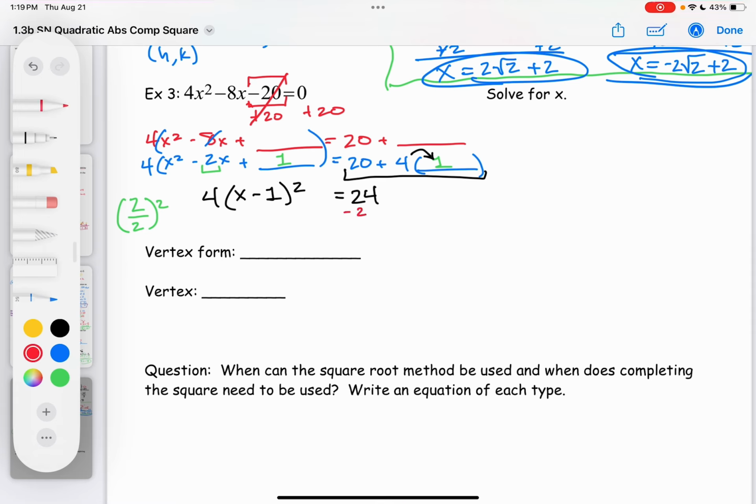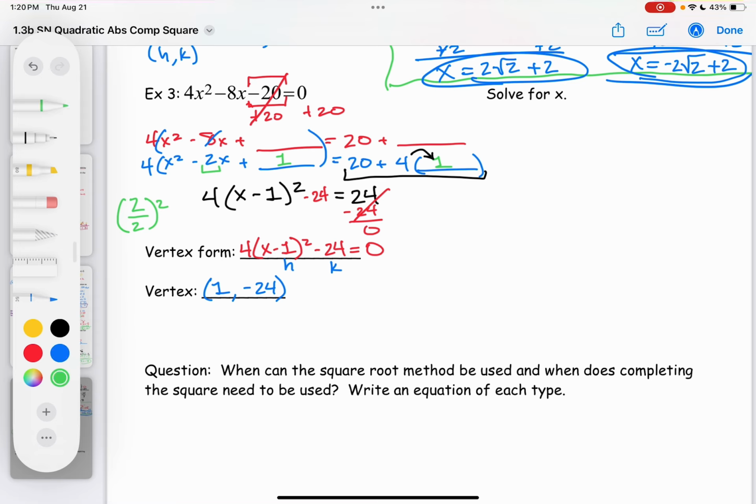Lastly, I'm going to subtract 24 from both sides, and that gives me my vertex form. My vertex is (h, k), so I've got my h value and my k value. So this has a vertex of 1 and negative 24.